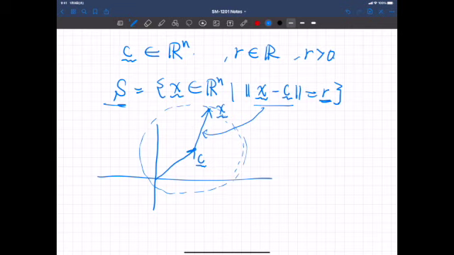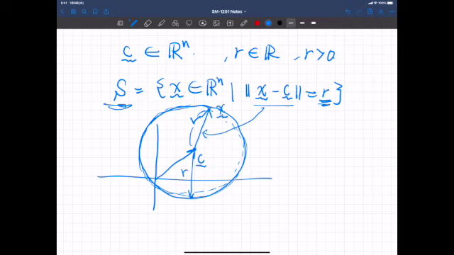So that means it's a circle centered at C. So this length is R. Wherever X is, as long as it is in this set S, the distance between X and C is always constant R. So that is a circle in the case of two-dimensional space.